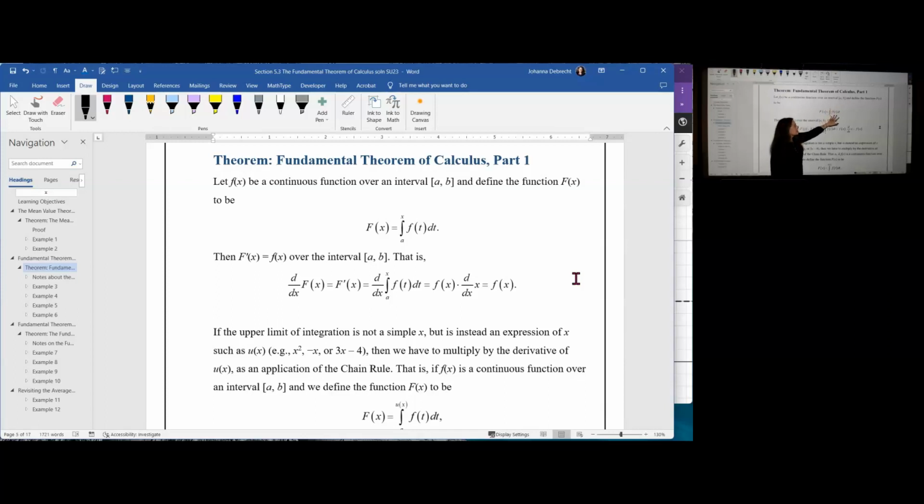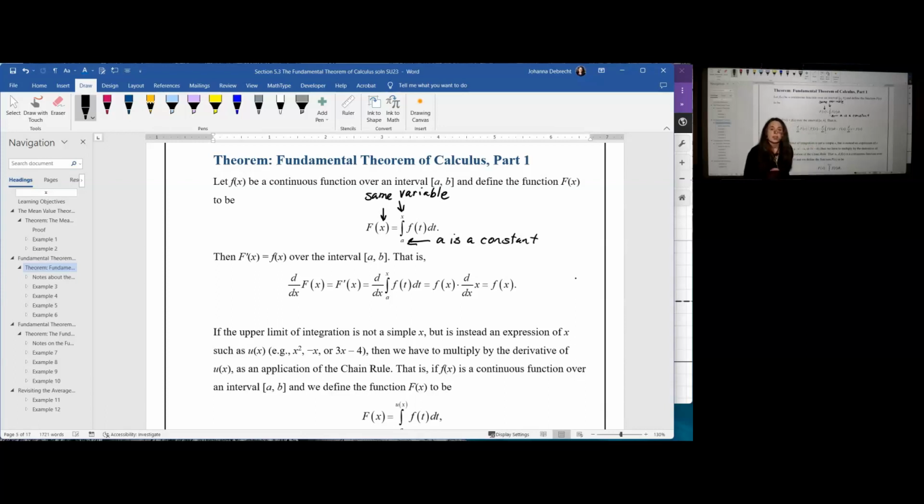When we're looking at this, you want to notice several things. First off, the a at the bottom is a constant. It's a constant value that has to be known. Next, you'll notice that the variable used in the upper limit of integration and inside uppercase F is the same variable.